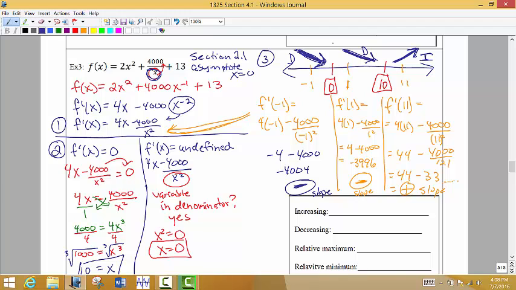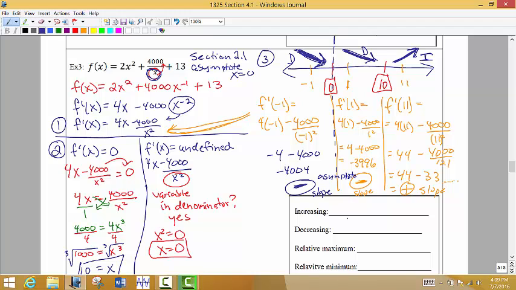So if we want to think about how we're going to define our intervals here, we have to be careful about one thing. There's an asymptote right here at x equals 0, one of our critical values, one of those separation values. Because there's an asymptote there, I can't include that as part of the intervals because there is no point on that particular x value.